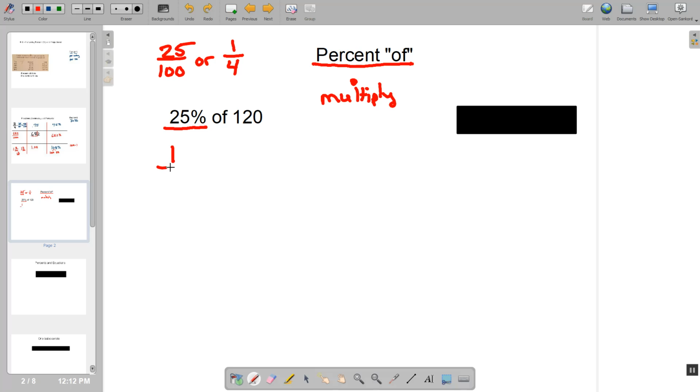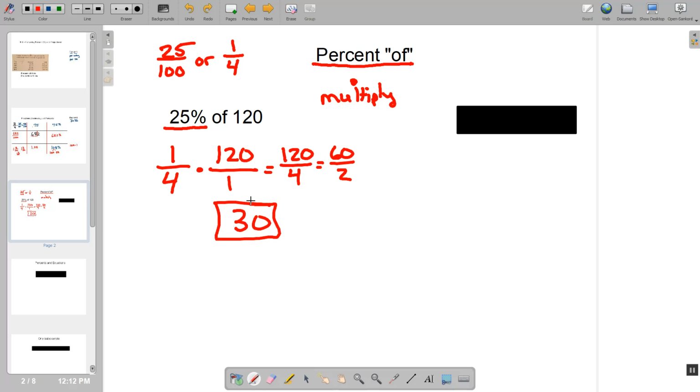So I would do 1/4 times 120, make those both into fractions, and then I can multiply out that way. I would get 120 fourths, which is equal to 60 halves, or the number 30. 1/4 of 120 is 30.